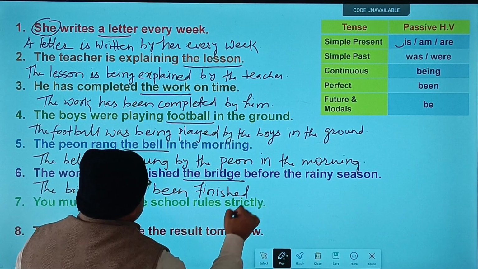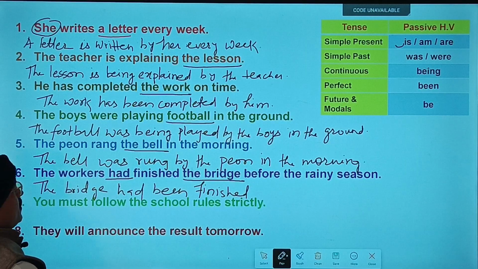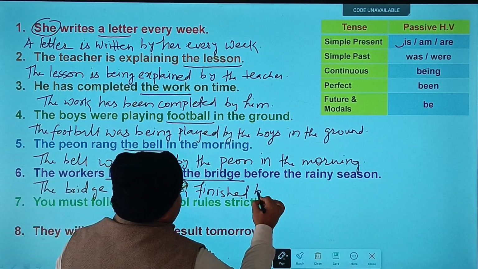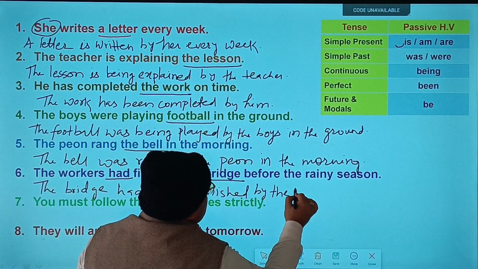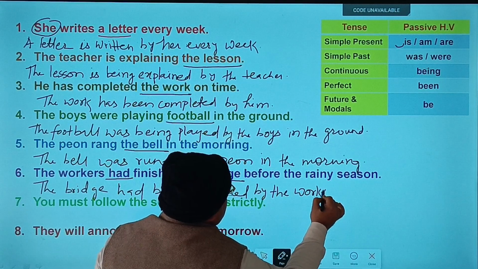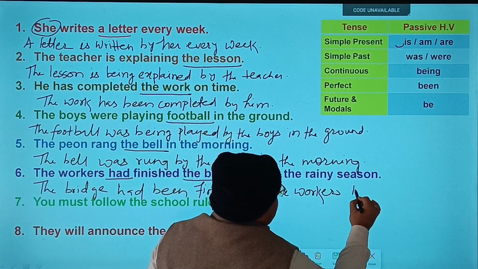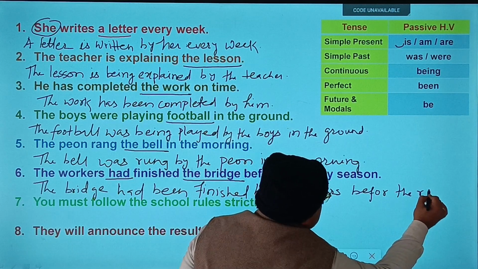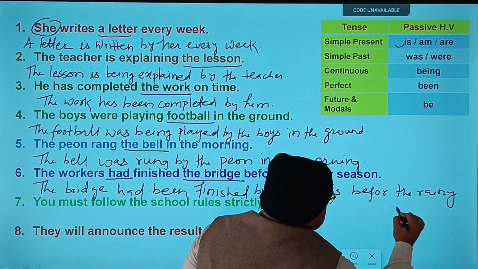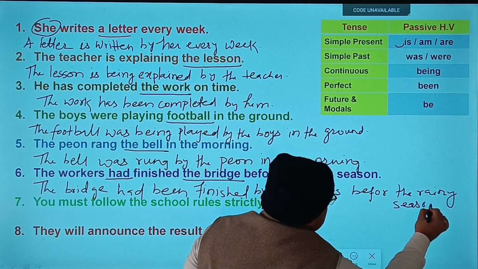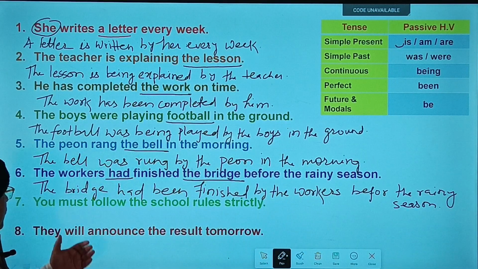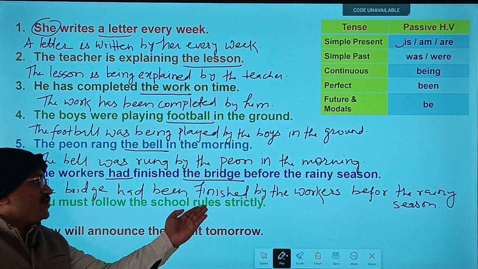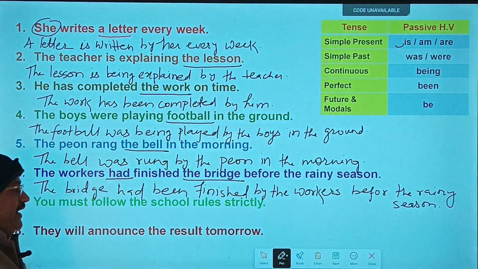The bridge had been finished by the workers. When? Before the rainy season. Yes or no?